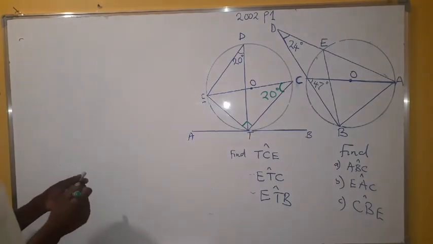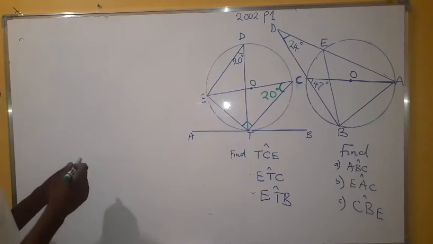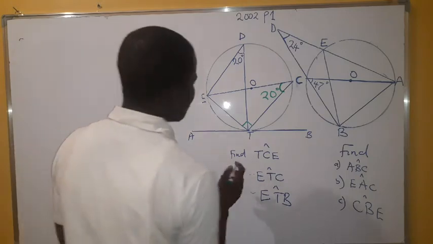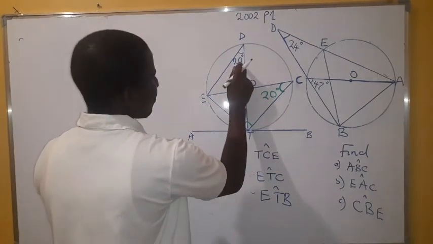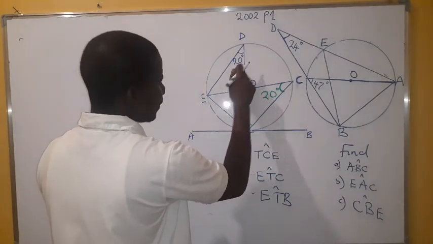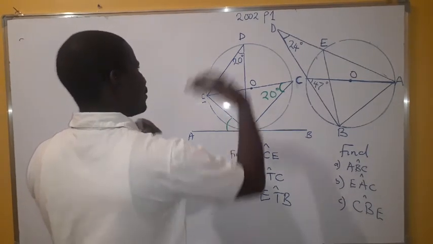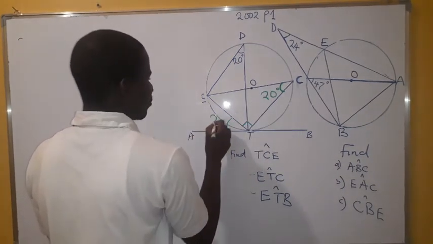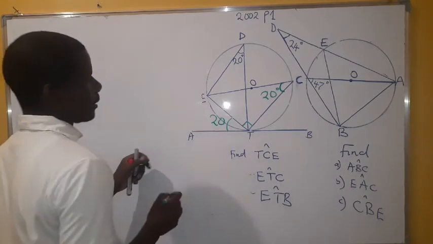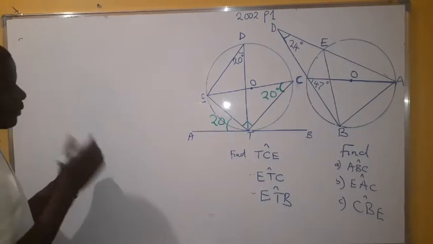That's what we are supposed to know. Then also look at this angle. This angle is 20, so even this one here is 20. Why? The angles in the alternate segment. So even this one here is 20.